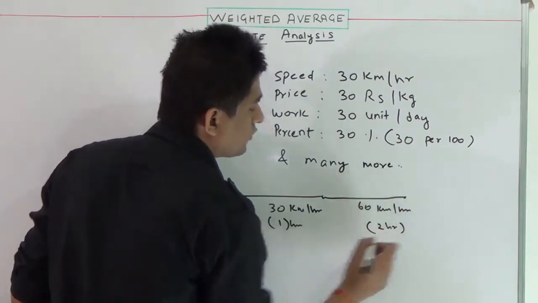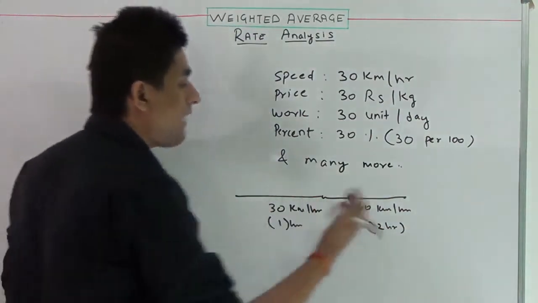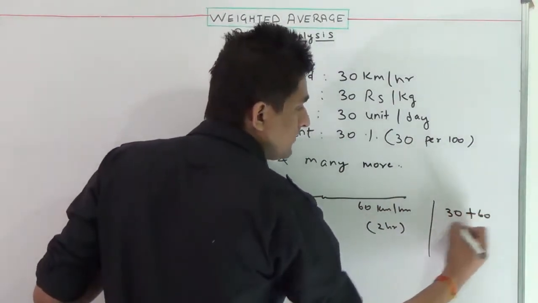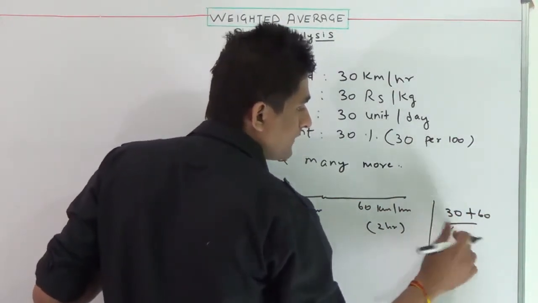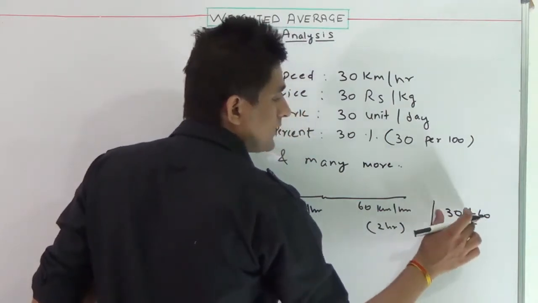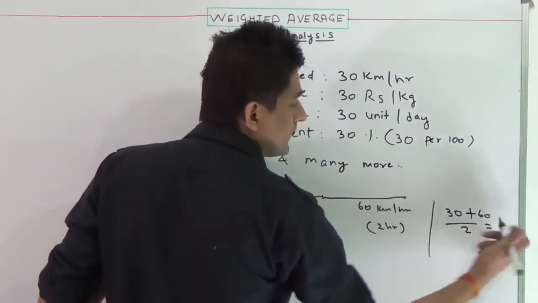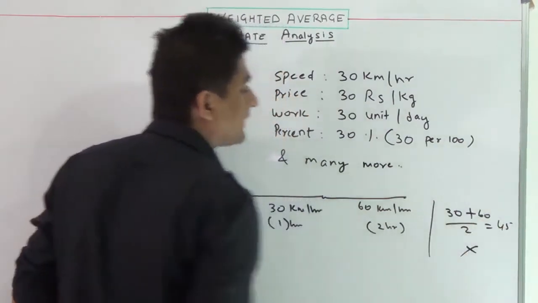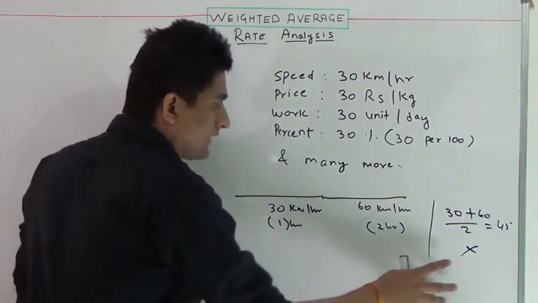Now the bus is traveling for 2 hours, and I have to find the average speed of the bus. I cannot do it like this, 30 plus 60 by 2, because these are two averages. This is the wrong method.